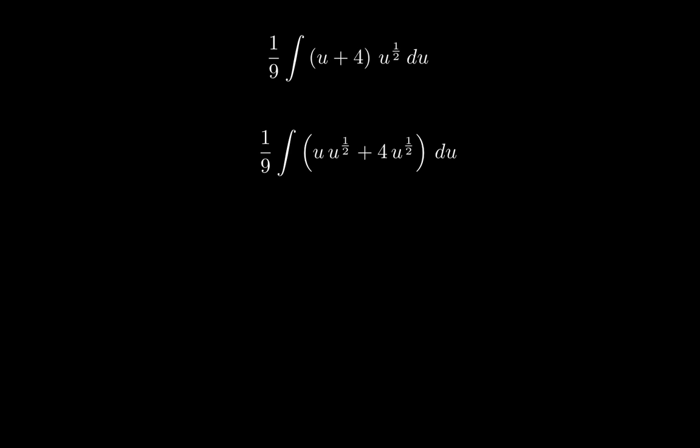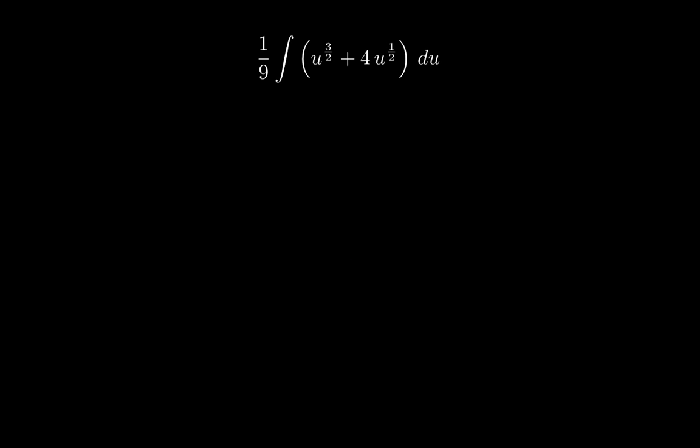And now with that, I can apply the rules of exponents, and u times u to the 1/2 is u to the 3/2. The reason for that is because I added the exponents 1 plus 1/2 in that multiplication. So I get u to the 3/2 plus 4 u to the 1/2.